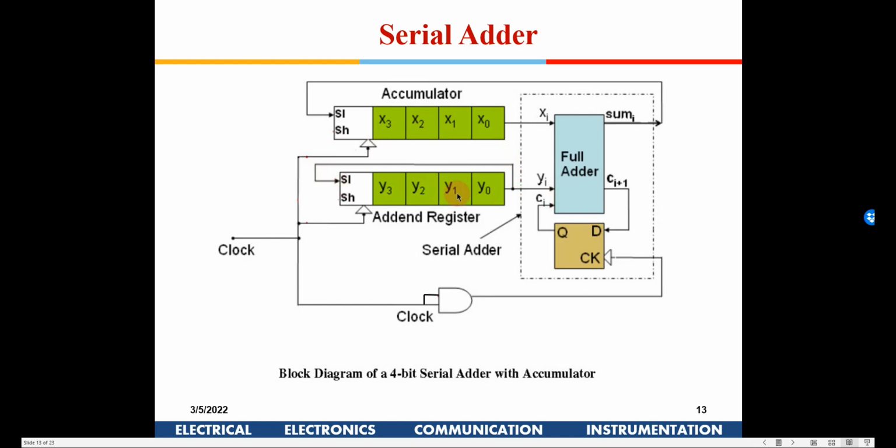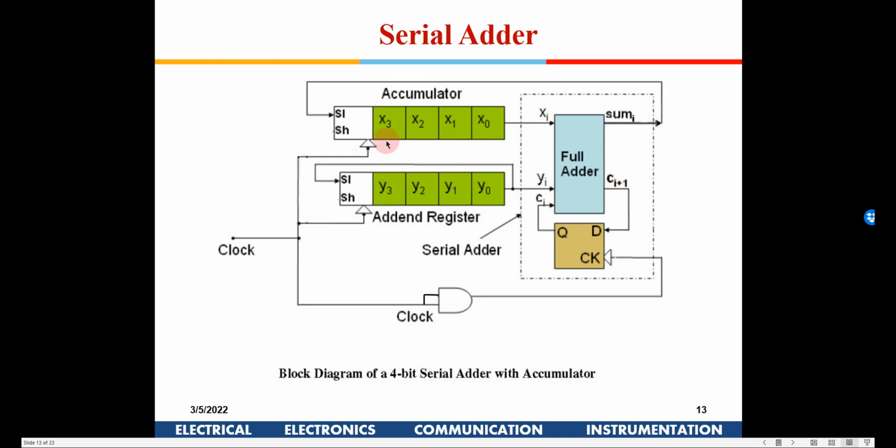Then during the positive edge of the clock, the carry which was generated in the previous stage will be captured by this flip-flop, and then you add x1, y1 and the carry. The new sum and the new carry will be generated.